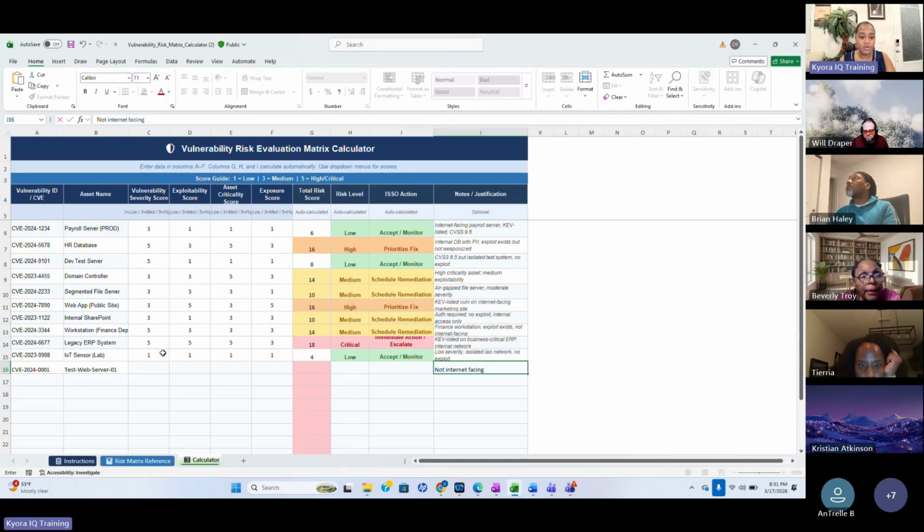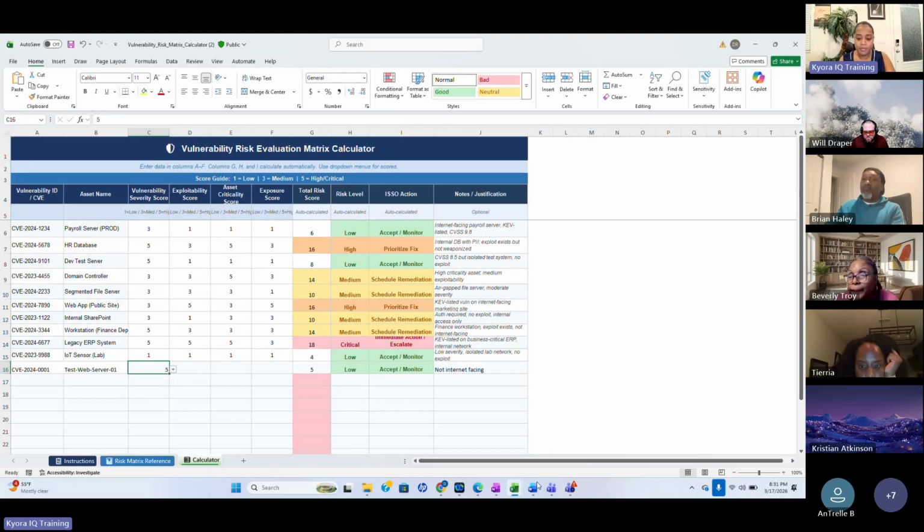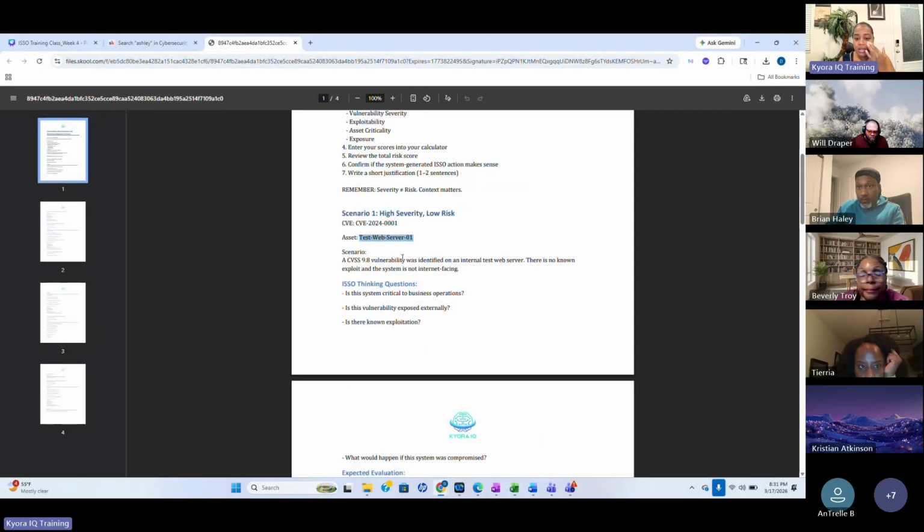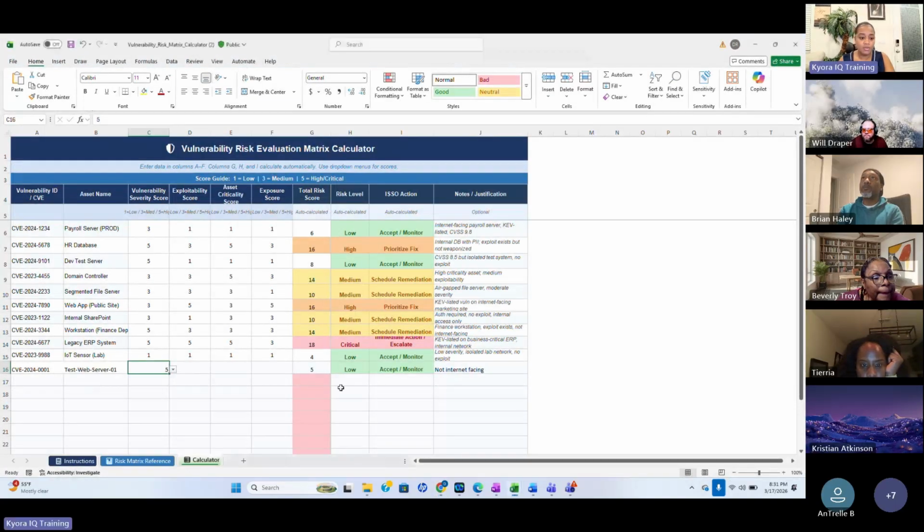The vulnerability score was 9. So it's going to be high, right? Because it said 9.8. The scenario said the vulnerability was identified on an internal test web server. There's no known exploit and the system is not internet facing. So the exploit score would be low because there's no known exploit, right?